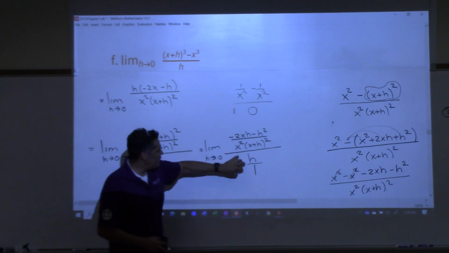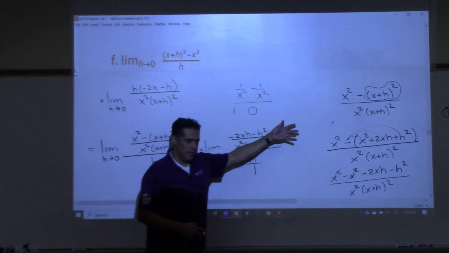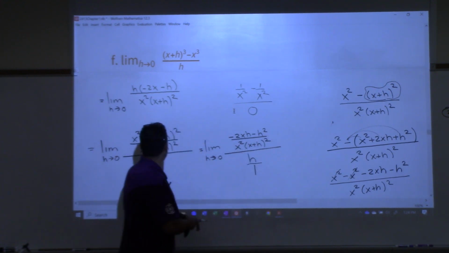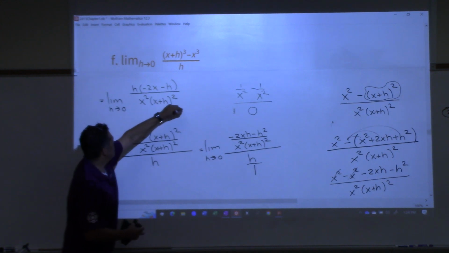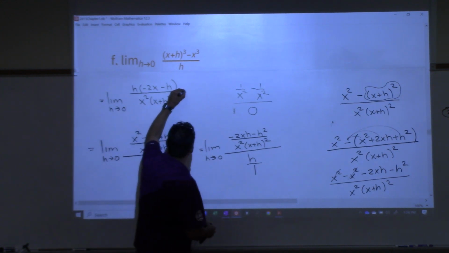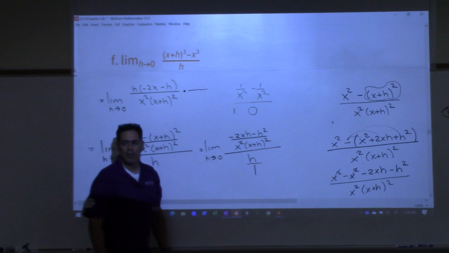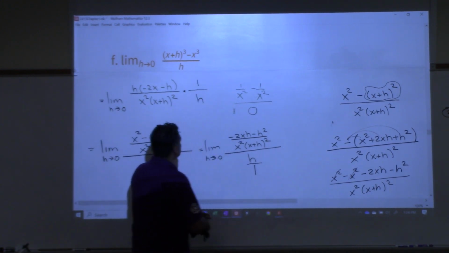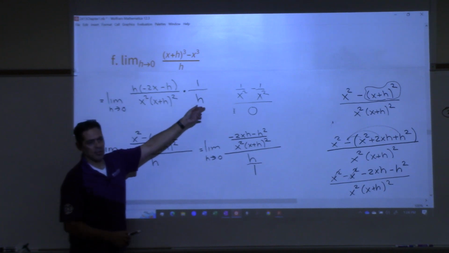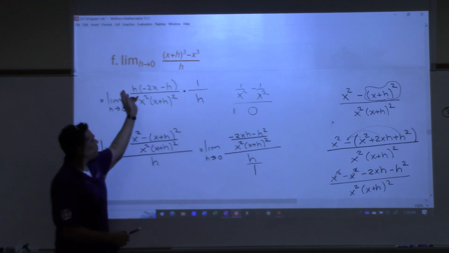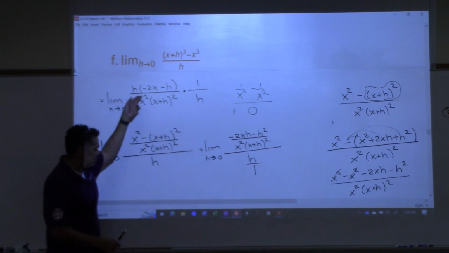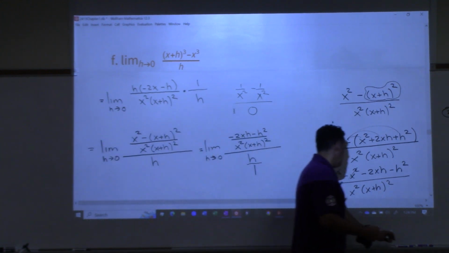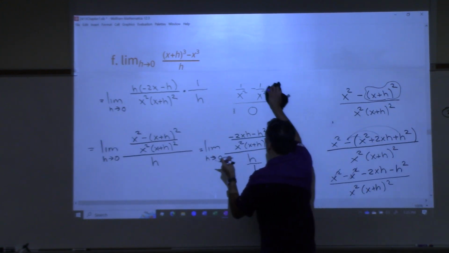Which means I can take this fraction and flip it and bring it up as multiplication. I'm going to do that on this step. So instead of doing over h, I'm going to say times what? 1 over h. I think that just helps people see that these h's are now going to go away. See them? They're going to go. And that's what I was hoping for, is to make that h go away.